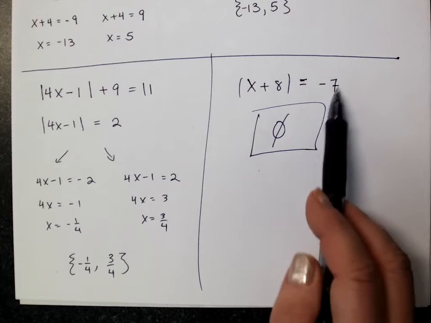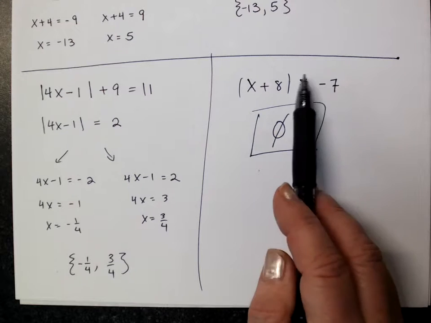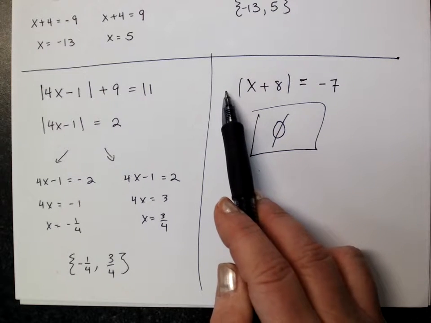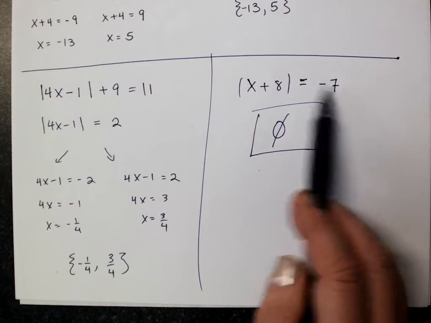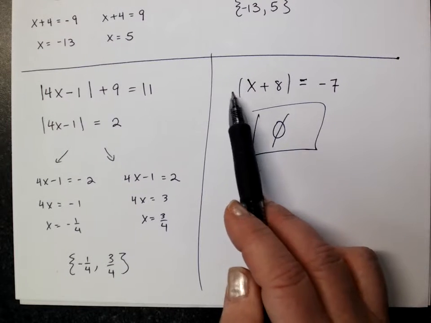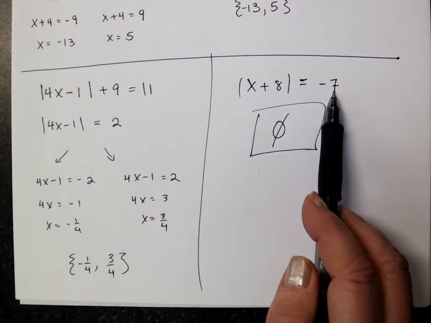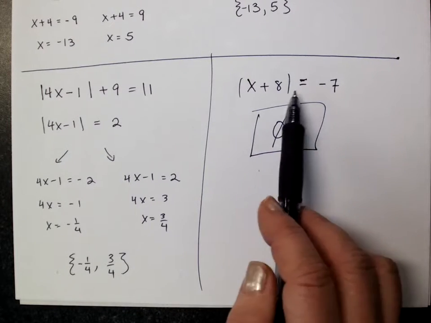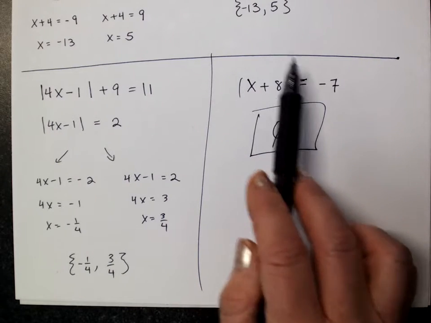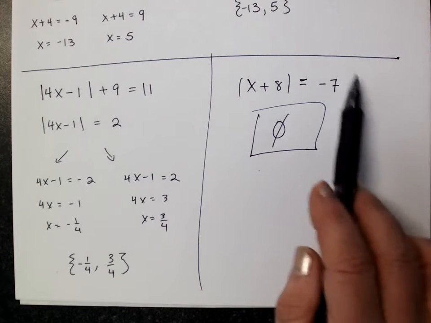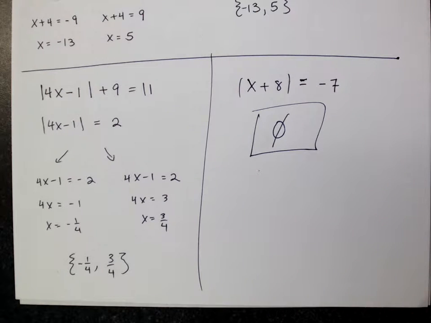You can't decide if this is positive or negative until anything that was outside the absolute value is moved over. It might look negative, but if I had a -9 here, then I'd be adding 9 over here and it would become positive. So don't make that decision until you're at absolute value equals a number. And then if this number is negative, you're done, walk away. No solution.